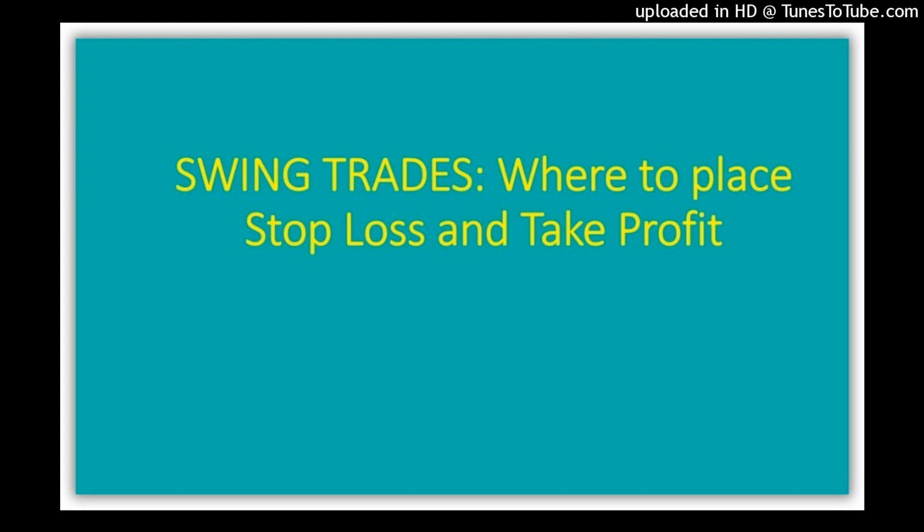If you want to trade with risk-reward ratio 2, then if your stop loss was 100 pips, then your take profit will be 200 pips. Alright, so this is how you determine where to place your take profit based on the risk-reward ratio which you want to maintain.